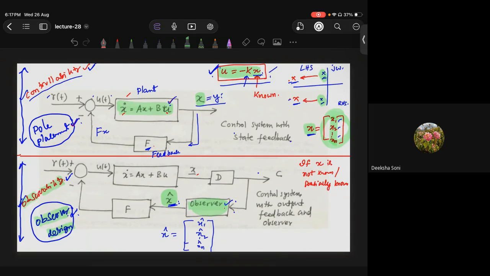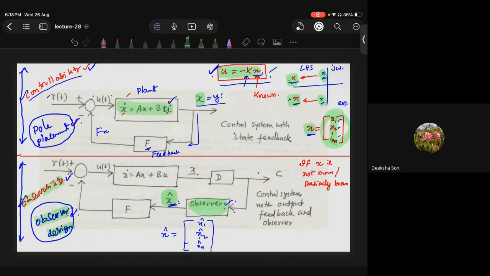That's why we want to move them more to the left side, say here. Is this clear? Any doubt? That is our first aim, to move the poles from these blue poles to the red poles.